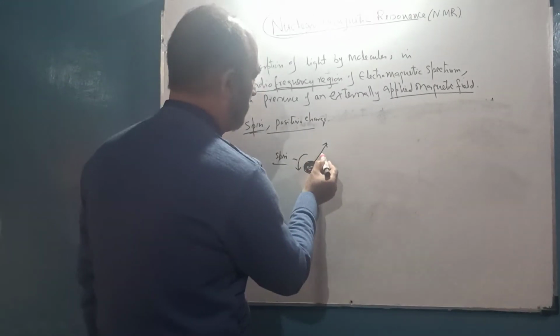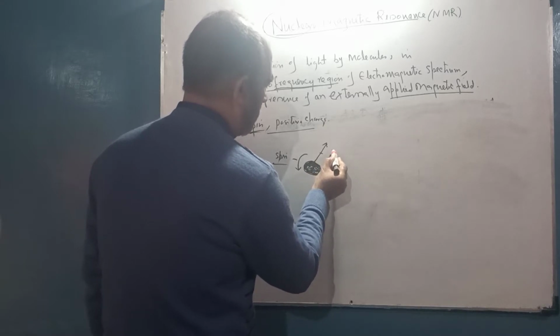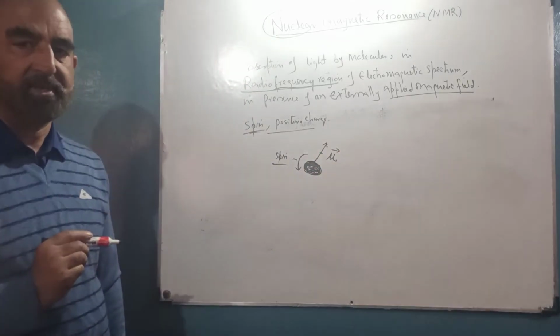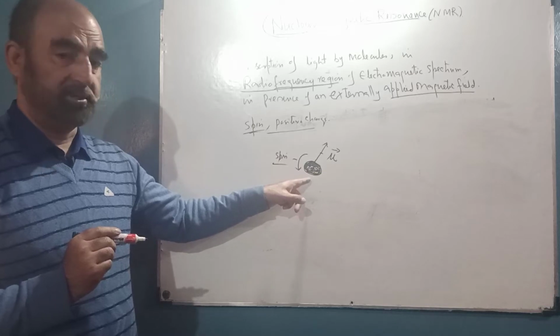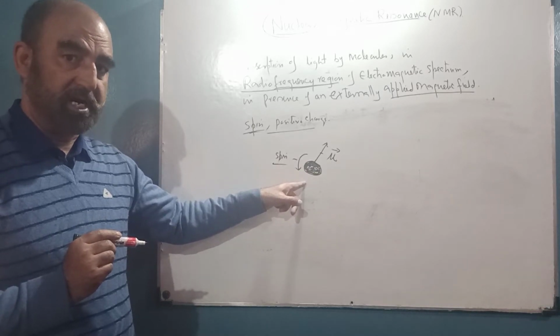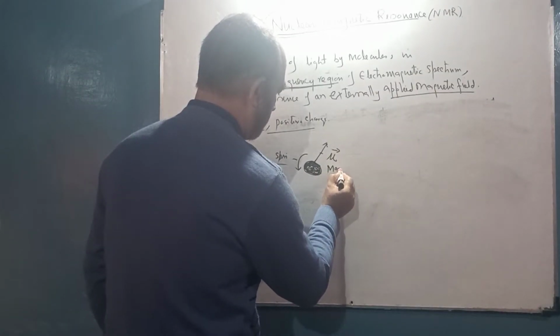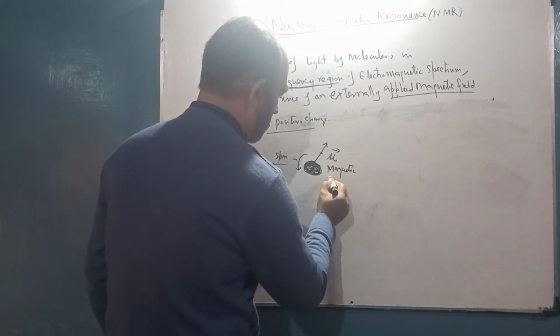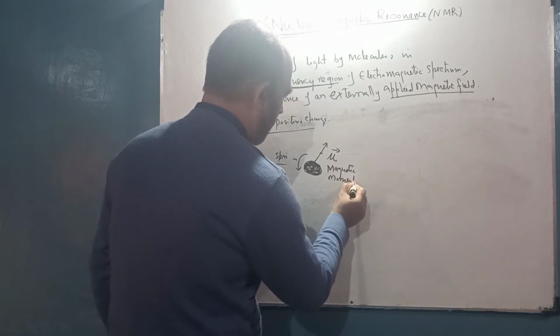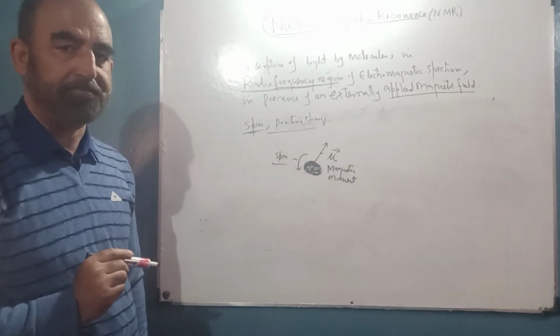This magnetic moment, I can write it as a vector quantity, like this. So when we have a spinning particle with a positive charge, it will give rise to a magnetic moment. That means it will give rise to a magnetic dipole.